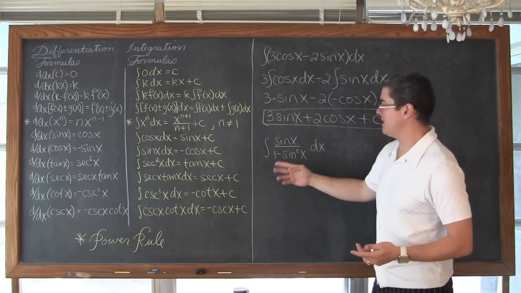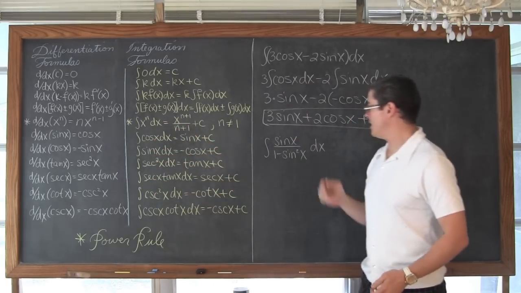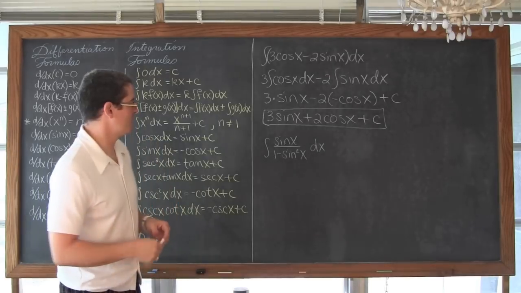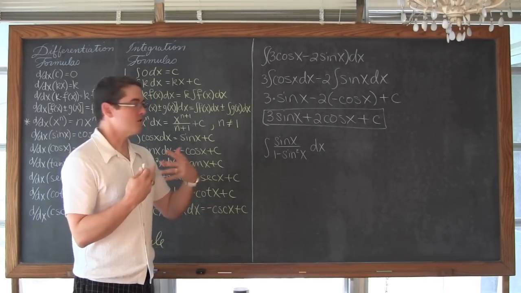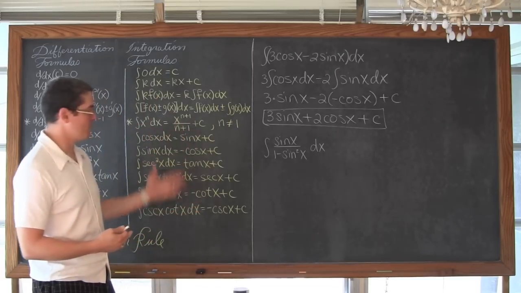We also don't have any of these formulas that say specifically 1 minus sine squared. That could be an issue. So what we're going to do to attack this is to play around with our trig identities, and see if we can get this rewritten to a more friendly format.